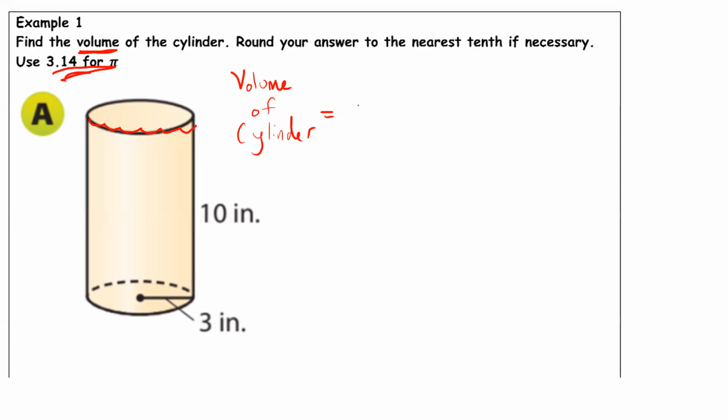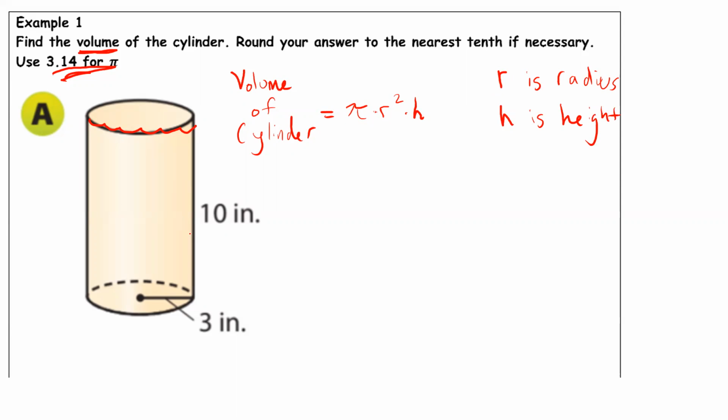The volume of a cylinder is equal to pi times r squared times h. R squared, r is referring to what's called the radius of the cylinder, and h is called the height, okay?